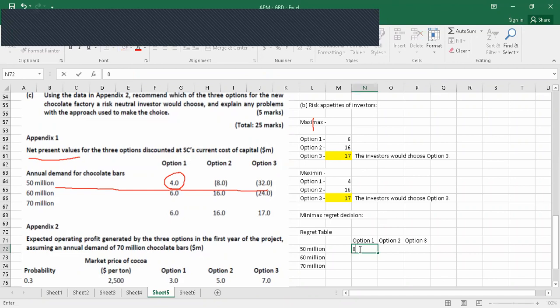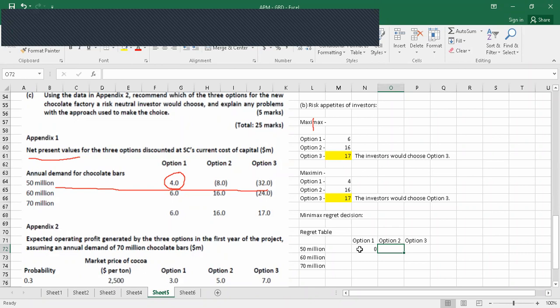Let's take a situation where the demand for chocolates is 50 million. If they have taken the decision to build the size 1 factory, then in a situation of 50 million annual demand for chocolates it has an NPV of 4.